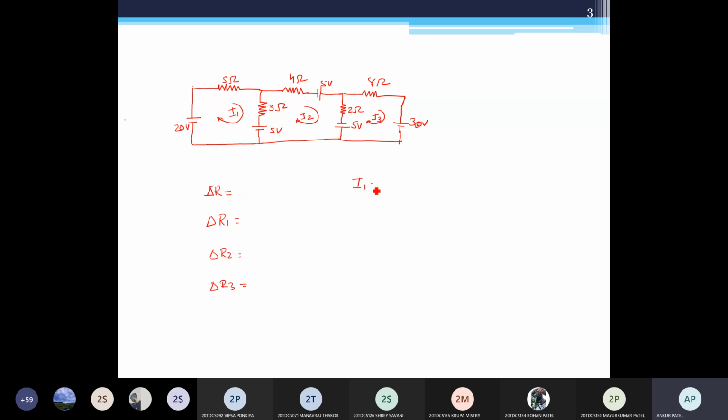Your I1 is equal to delta R1 by delta R, I2 is equal to delta R2 by delta R, and I3 is equal to delta R3 by delta R. I am giving 5 minutes for this. So just solve it and tell me the answer.